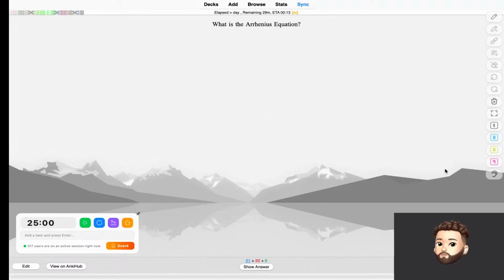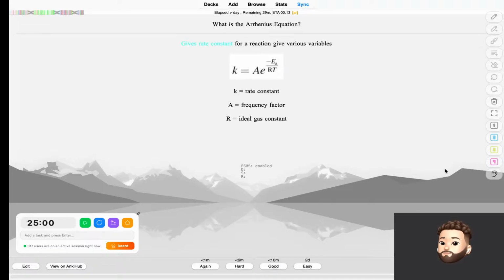What is the Arrhenius equation? I don't remember. It starts with a K though. K is equal to A E to the power of negative activation energy divided by RT.